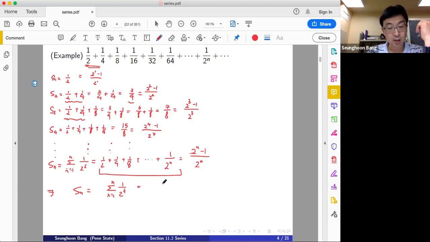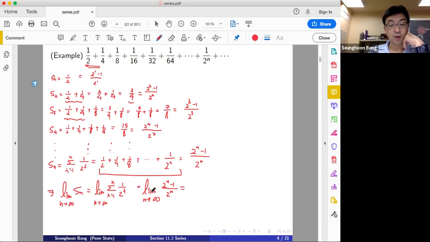Take the limit of 2 to the n minus 1 over 2 to the n as n approaches infinity. What is the answer? What's the limit of 2 to the n minus 1 over 2 to the n? Could you write your answer on the chat board? What is the answer of this question?